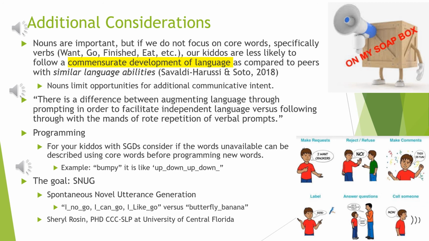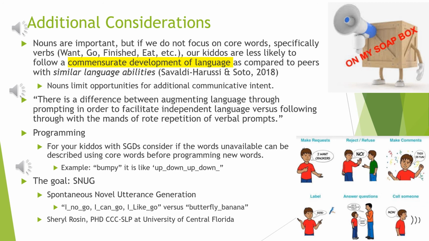So how can we integrate these core words into lessons that include fringe words, right? As an example, bumpy, right? We can run our fingers across the bubble wrap and say, oh, like up, down, right? Bumpy. It's like, there's that core word, up, down, right? That's what bumpy is like, okay?